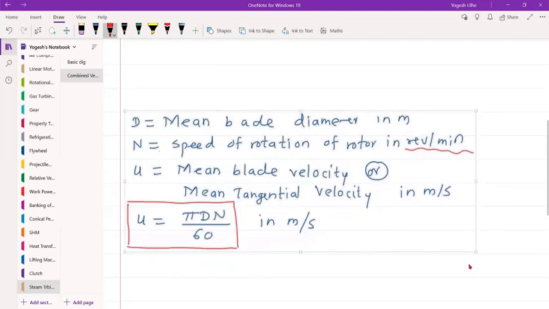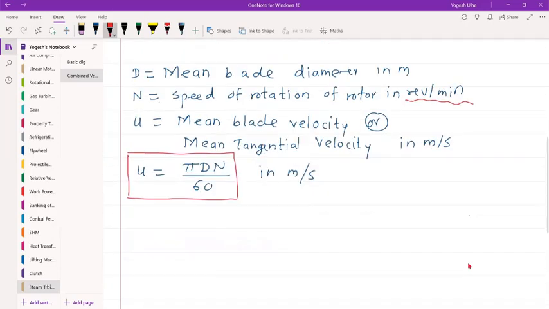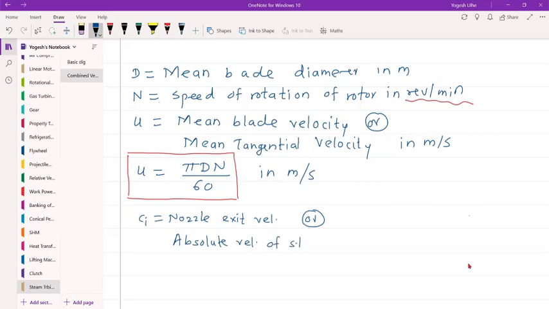So what is the meaning of CI guys? Nozzle exit velocity, or absolute velocity of steam at blade inlet in meter per second.